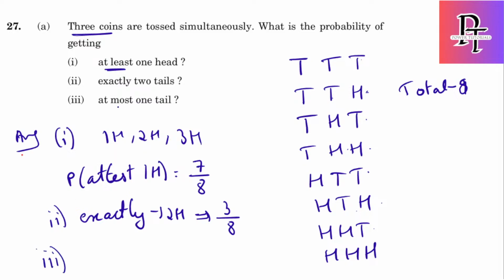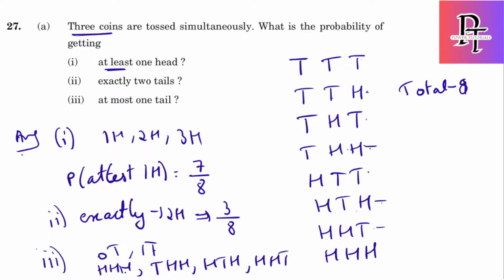Third one, at most 1 tail. At most means 0 tails or 1 tail. Let's write what is 0 tails. The 0 tails option is the last one, which is HHH, and the 1 tail options are THH, HTH, HHT.